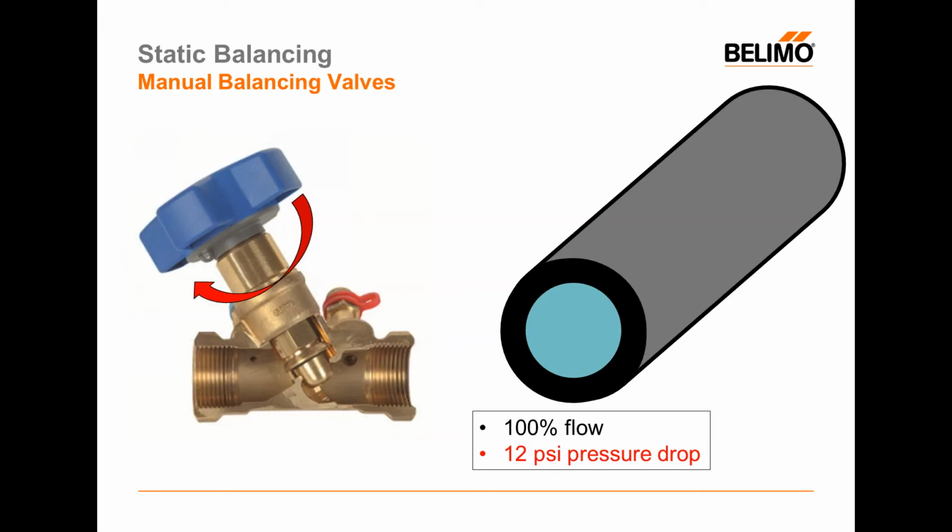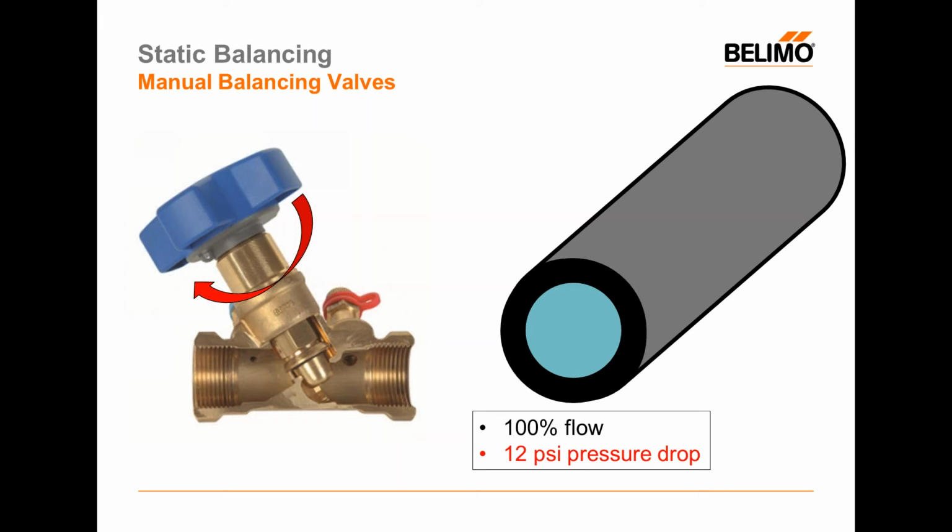And when we do that, 100% of the flow through this smaller area, in order to get all the water through a smaller area, it costs us energy in the form of pressure. And so we lose pressure there, and this is how we generate a pressure loss or a pressure drop, by forcing this water through a smaller area. So to push 100% of the water through this reduced area of the pipe, we generate a 12-pound pressure drop.